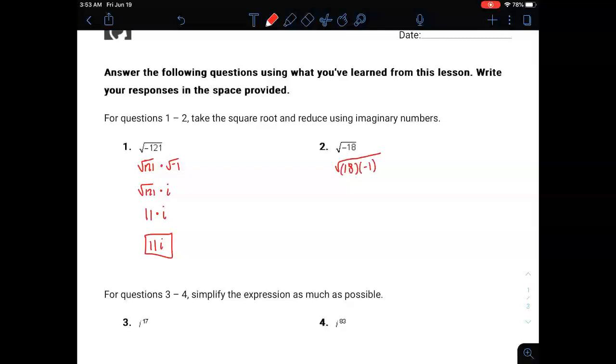And what we can do here is, if there's 2 things that multiply together and one of them is a perfect square, we can simplify this further. To get 18, we multiply 9 by 2, and we can keep that -1. So what this is saying is square root of 9 multiplied by square root of 2 multiplied by square root of -1.